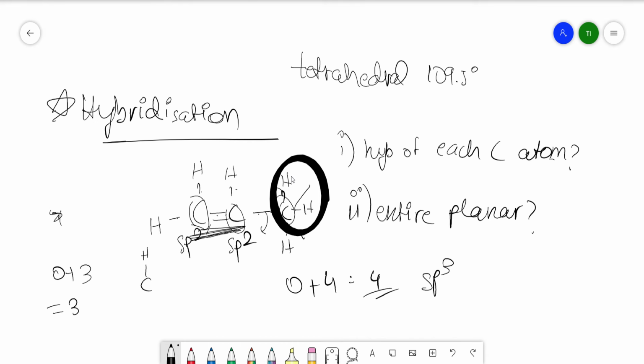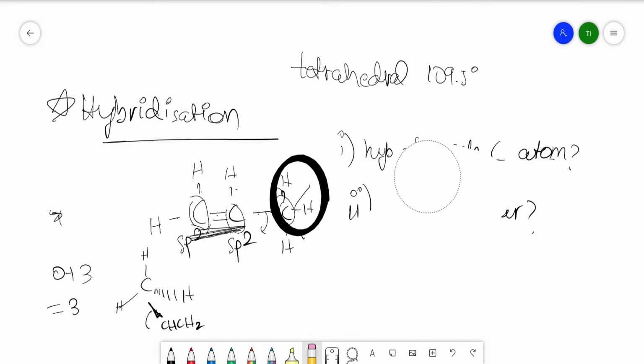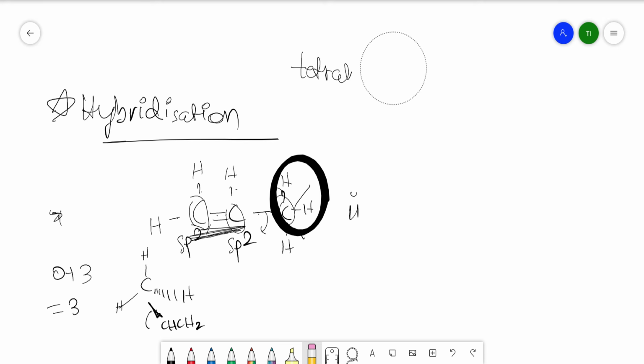That's an H, that's an H, and that's what's happening. CH2, right? So this one is above, this one is on this side, this one's going behind, and this bond is coming front. So it's not a planar molecule because the bonds are heading out in all directions. Yeah, that's pretty much it.